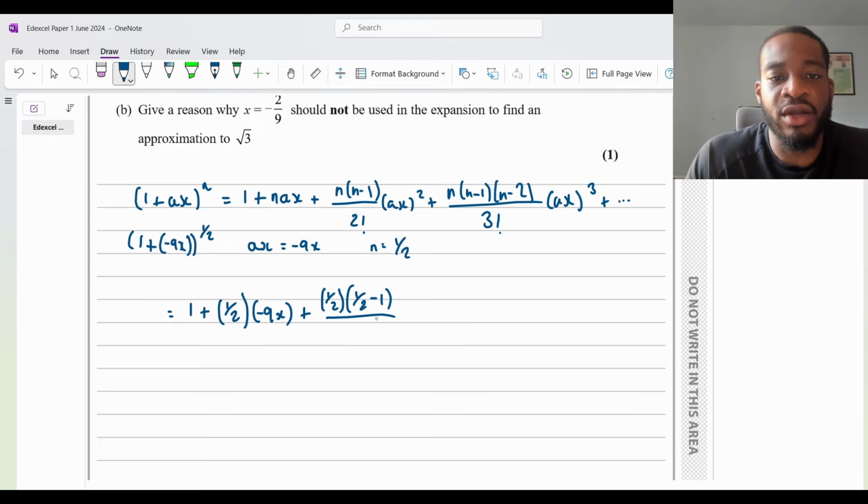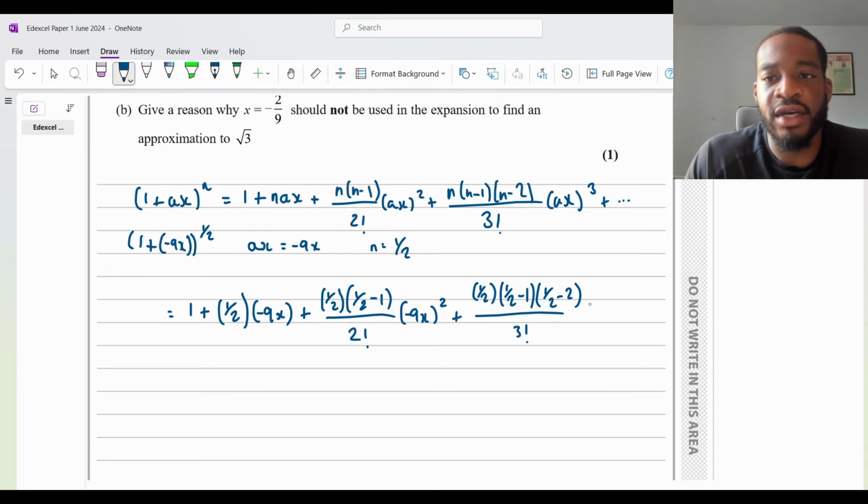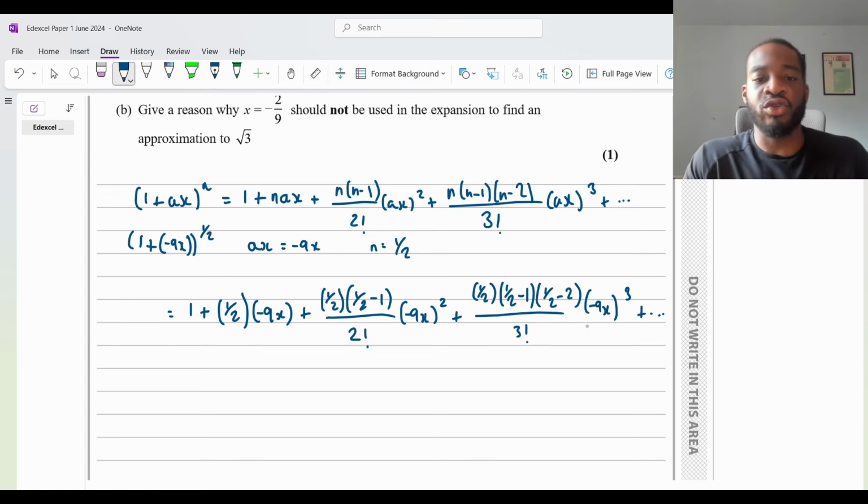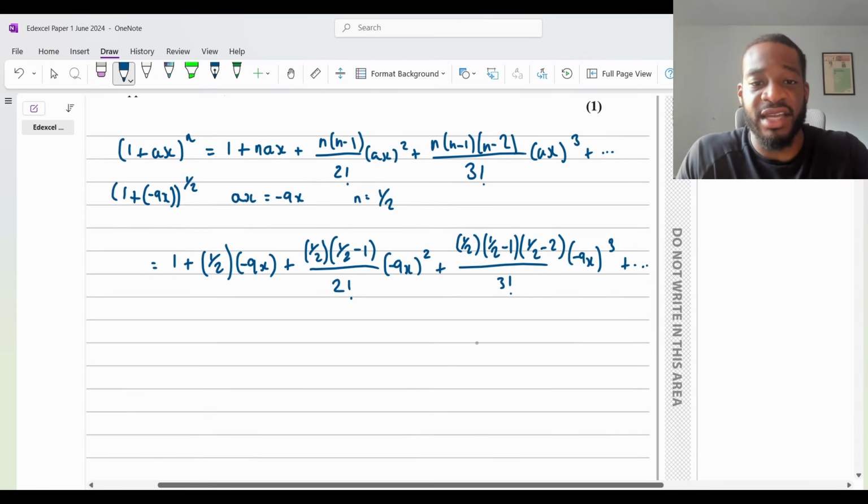So 1/2 take away 1 over 2 factorial, and then minus 9x all squared, and then plus 1/2, and then 1/2 minus 1, and then 1/2 minus 2 over 3 factorial, and then minus 9x all to the power of 3. And all you've got to do now is just simply simplify and expand everything.